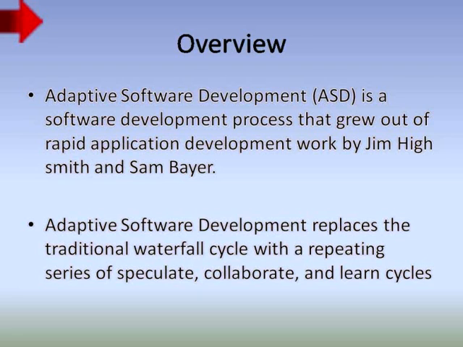These dynamic cycles provide for continuous learning and adaptation to the emergent state of the project. The characteristics of an adaptive software development lifecycle are that it is mission focused, feature based, iterative, time boxed, risk driven, and change tolerant.